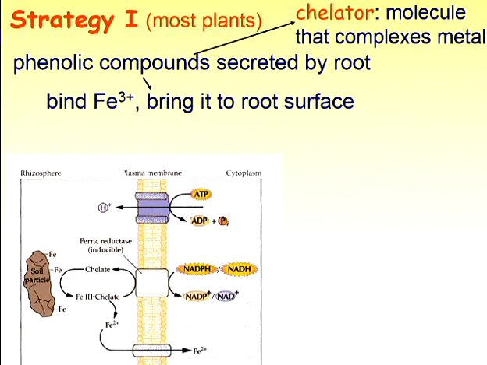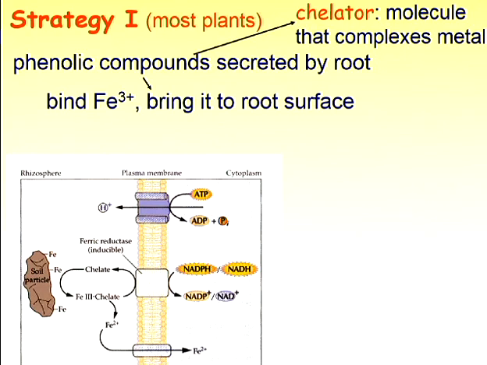That's bound iron 3+, that goes into solution attached to the chelator, can then move toward the roots, and it can find this membrane protein with enzyme activity called ferric reductase, and it can reduce the ferric iron to the ferrous iron, so iron 3+ to iron 2+. And the iron 2+ is more easily released from the chelator, so that's a reason why this reduction happens.